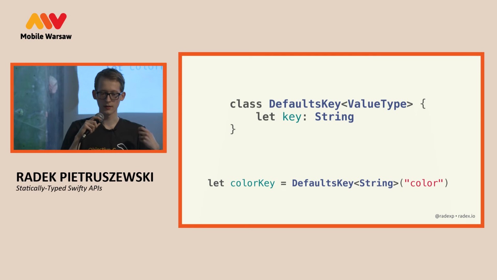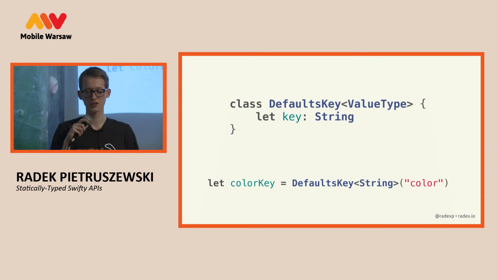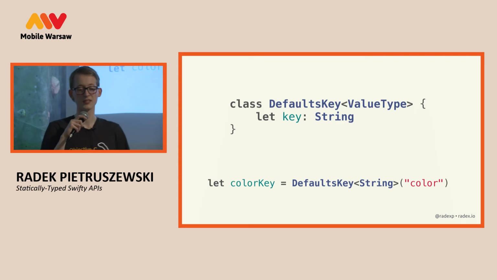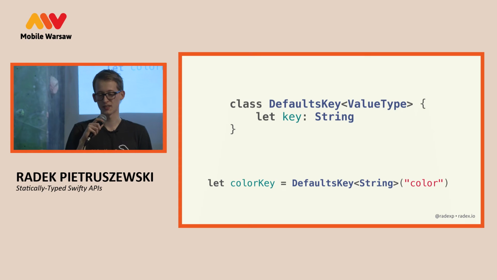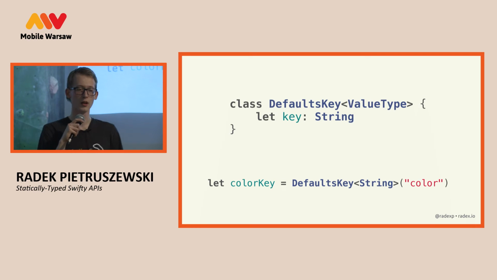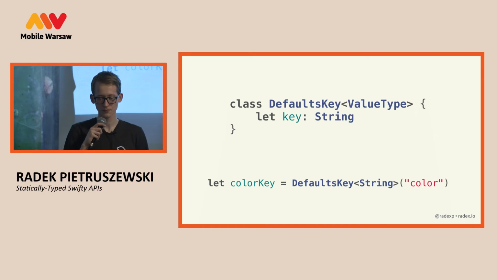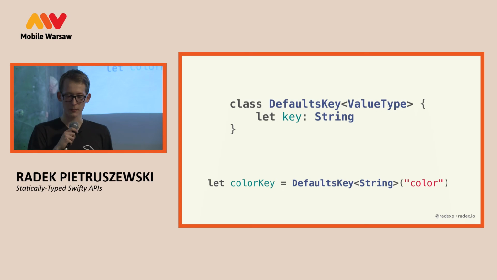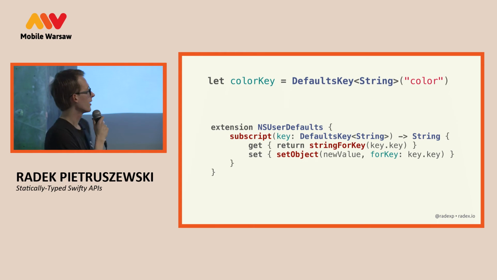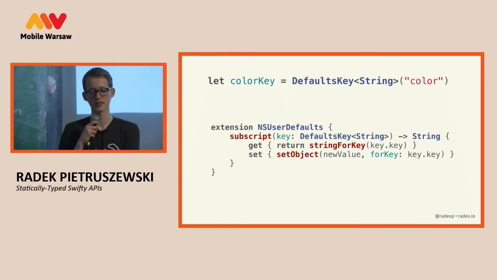I can now define ahead of time a defaults key that represents a string and exists under a key of color, right? Or I could make a defaults key of int for launch count. And then what's great about it is that then I can make a subscript that takes defaults key of string returning a string.